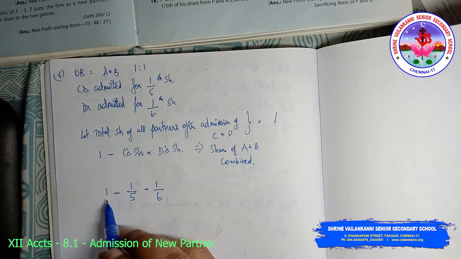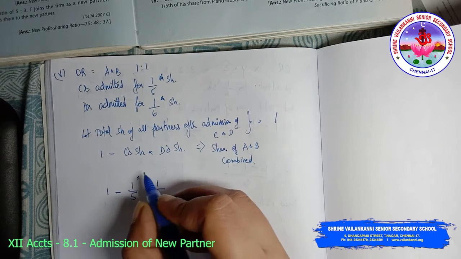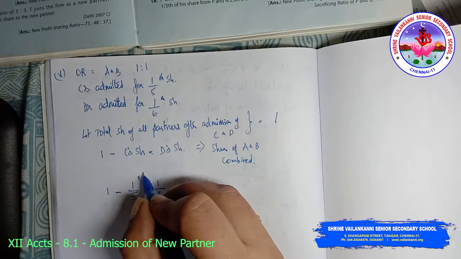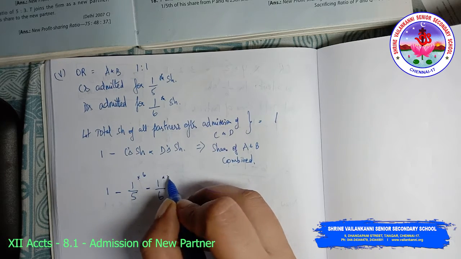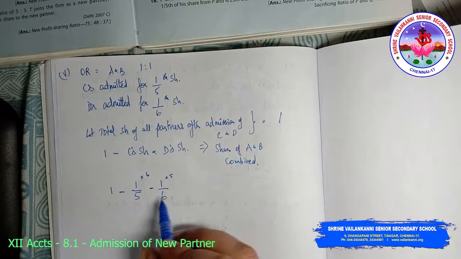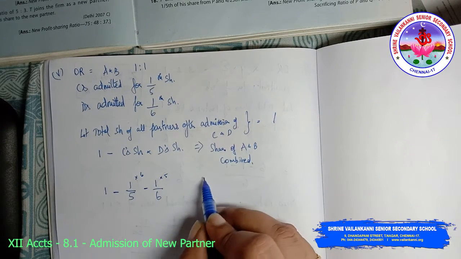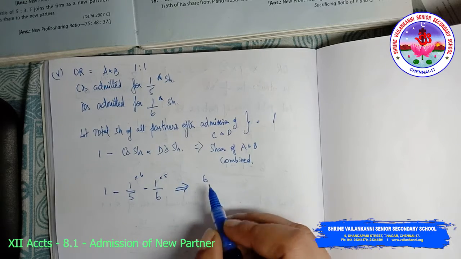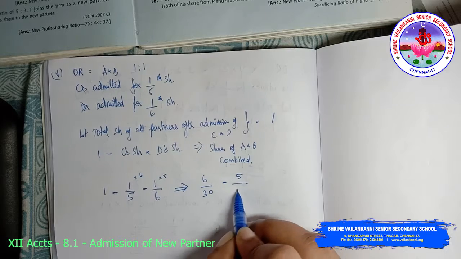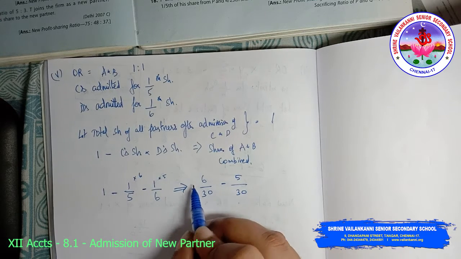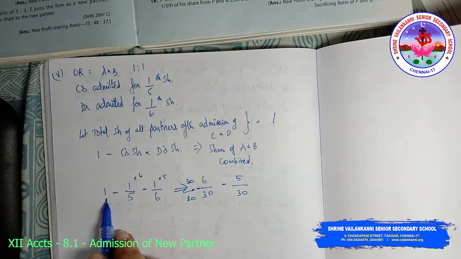I should multiply this with 6 and this with 5 so that my denominator is equalized, right? So my denominator is 30: 30 by 30 minus 6 by 30 minus 5 by 30. So this is how I get 1 here.